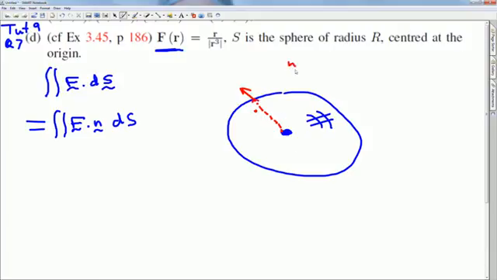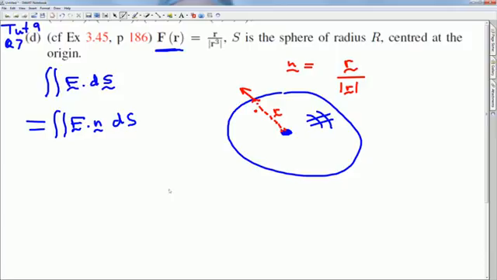So the normal really is in the same direction as the vector which goes from the origin up to the point. And this vector here is r, so it's in exactly the same direction as r. But little n is always referring to a unit normal, so we need to make it in the same direction but divided by its length, essentially.